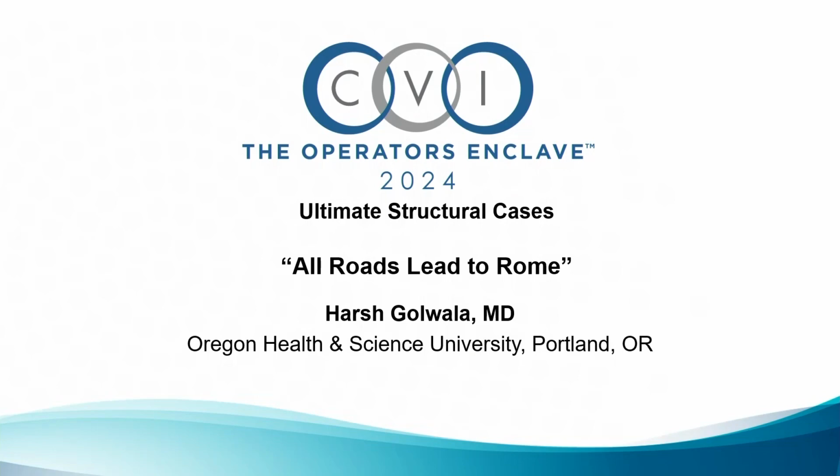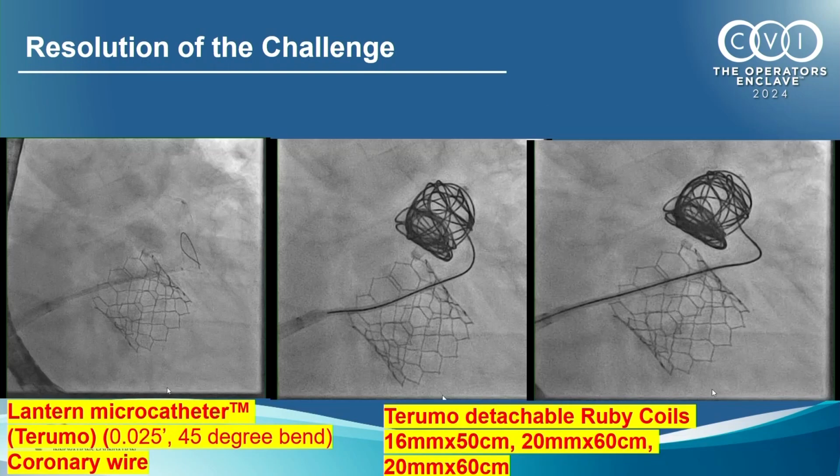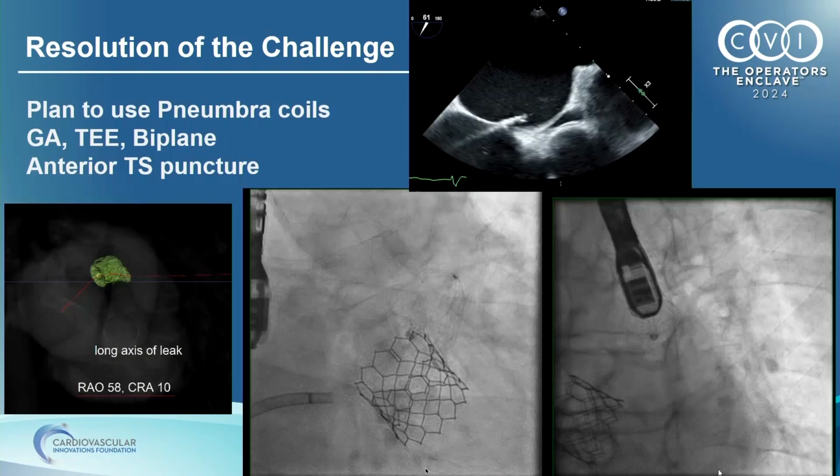I think Harsh has something next. I would say that if you go back to the picture, I would probably try to deploy it in the posterior lobe with a 31 because the depth was too much. Prevention is better than cure. So if you go back to the deployment images, go back to the original deployment.